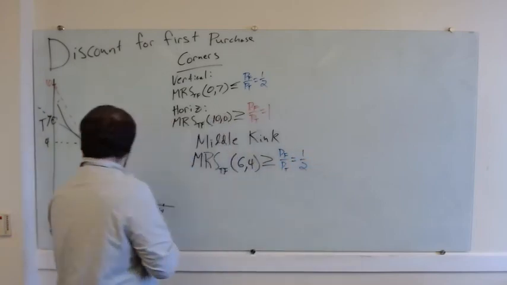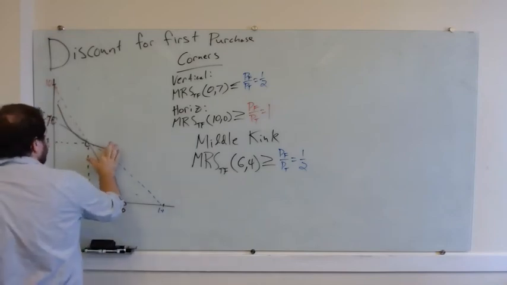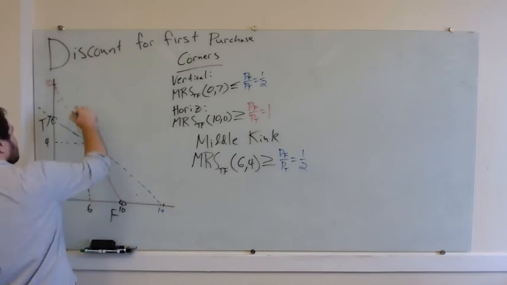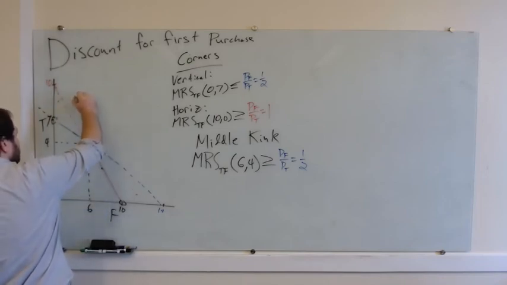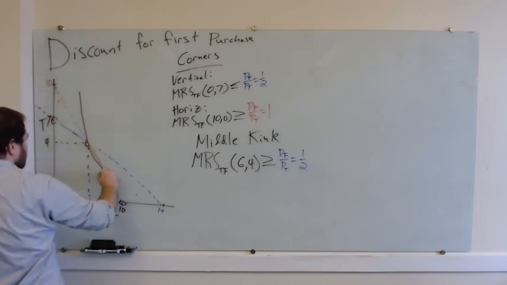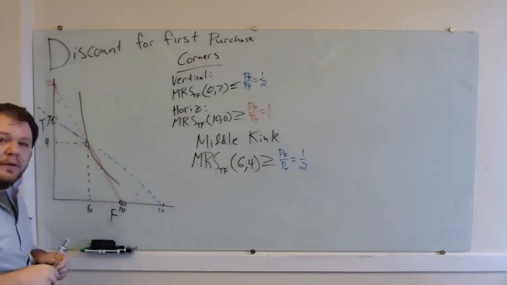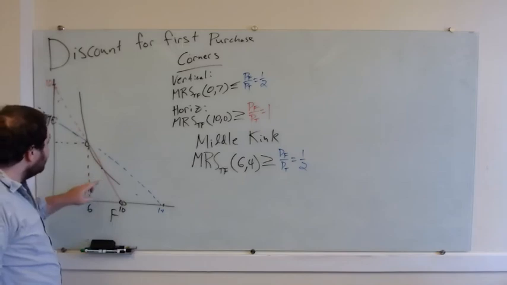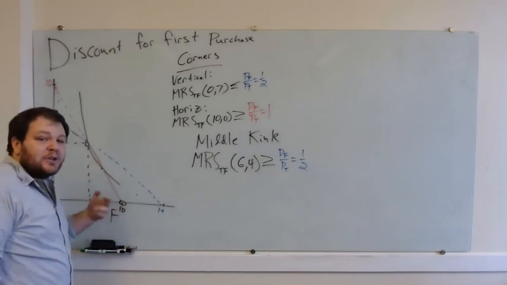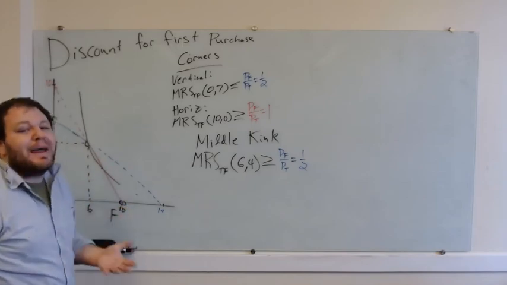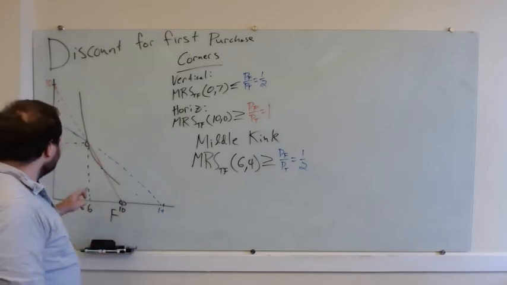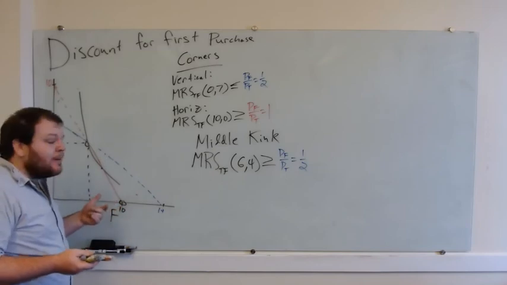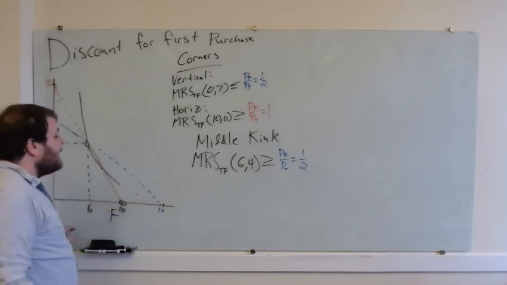Okay. How about if I had an MRS that was steeper than our red budget constraint? Well, in that case, that would mean that I'm willing to give up more than an ounce of topping for each ounce of froyo that I get. And I only have to give up 1 ounce of topping to get an ounce of froyo. So in this case, I should buy less topping and more froyo.